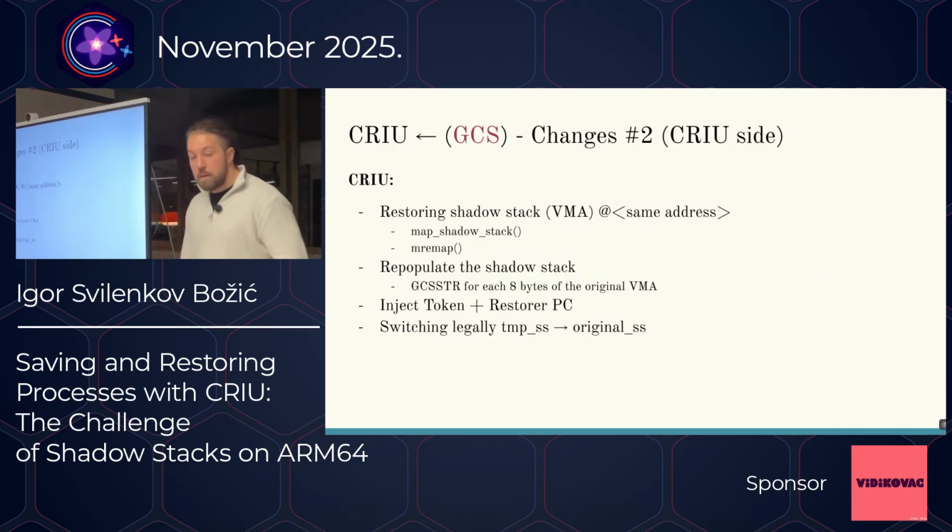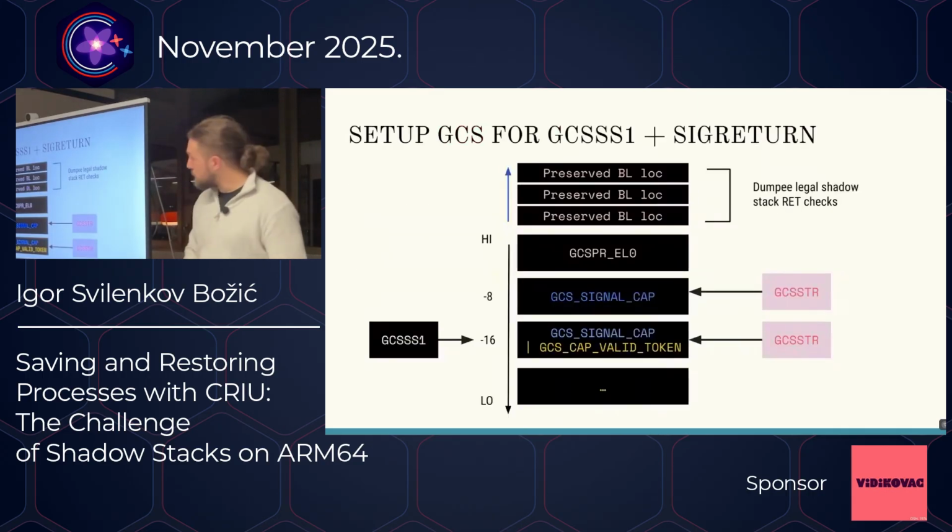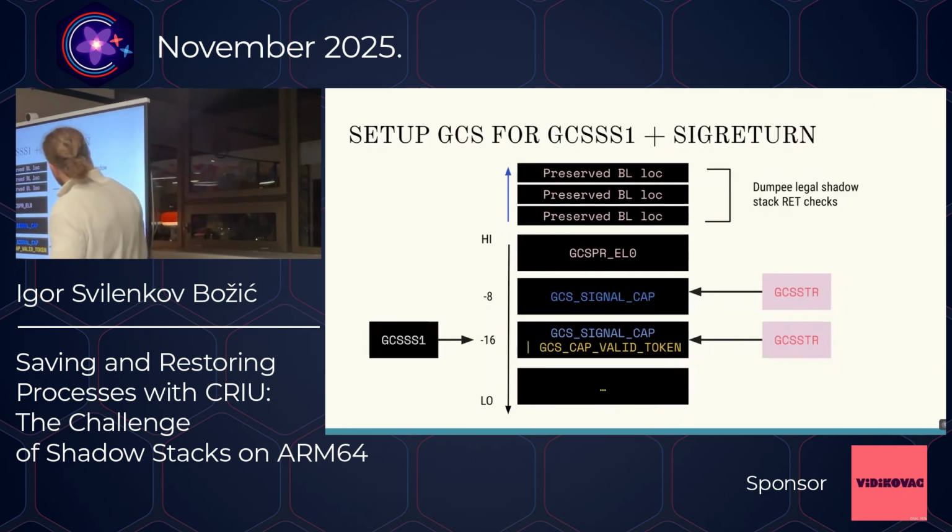And yeah, it's a similar process like during the dump, except that one difference is that you're not just preparing it for a SIG return, also for a jump to another stack from your temporary stack to the original stack. And you can see in the kernel code that you have to do some bitwise masking stuff, and that would make the jump valid.